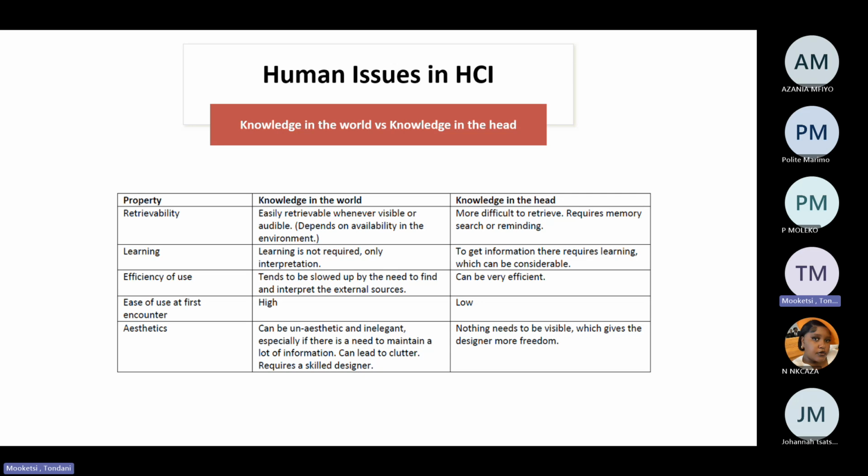So knowledge in the world is easy to retrieve whenever it is visible or audible, depending on availability in the environment.